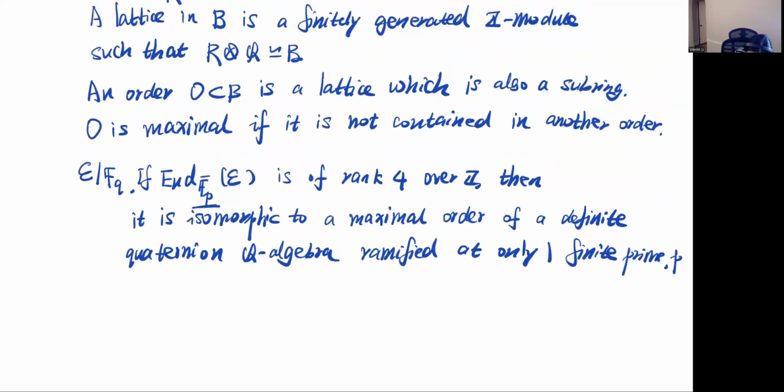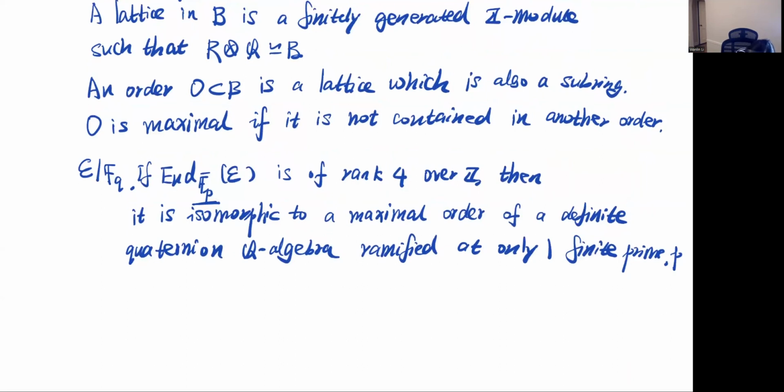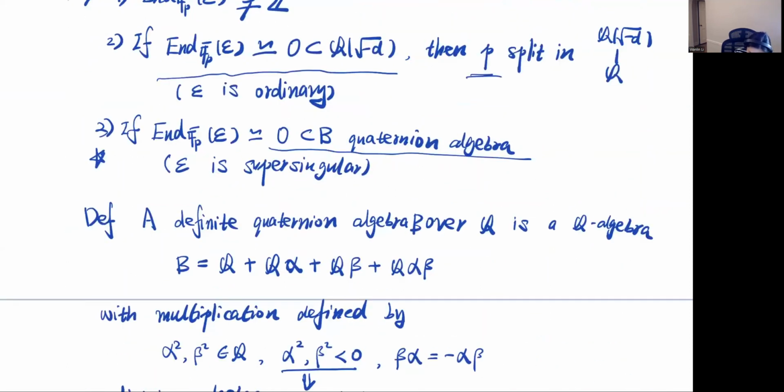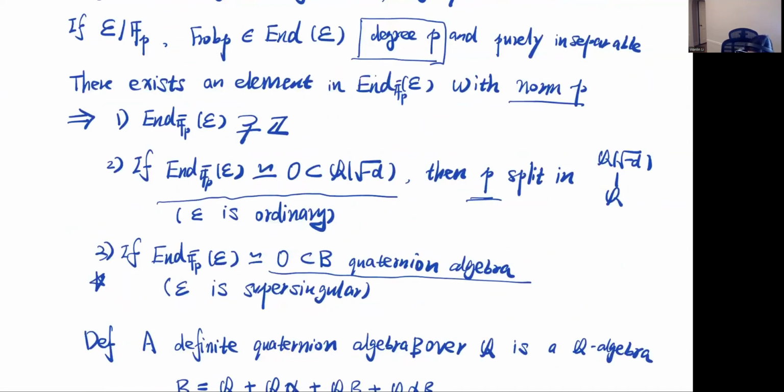So as we already discussed, this is the case when we say that E is supersingular. And note that from the definition of ordinary and supersingular, they are all about the endomorphism ring over F_p bar. So this means that the property of being ordinary or supersingular does not change.